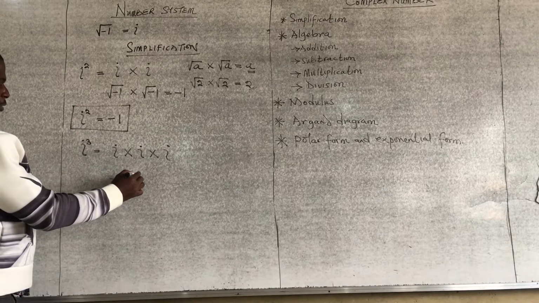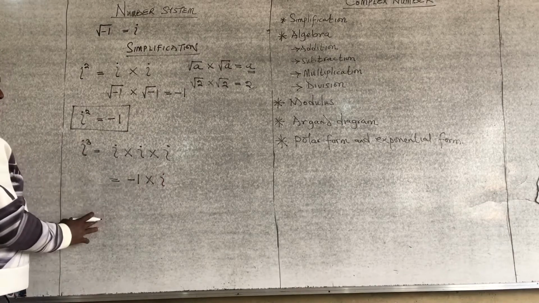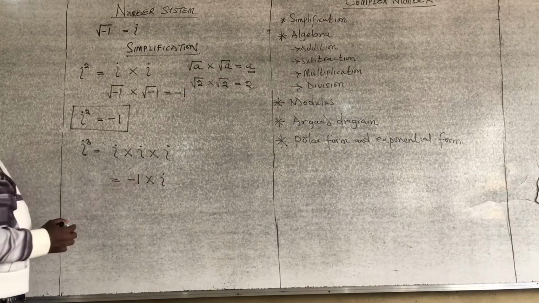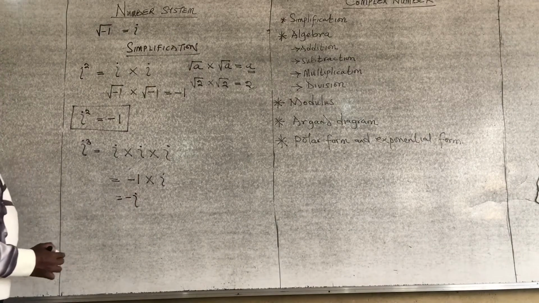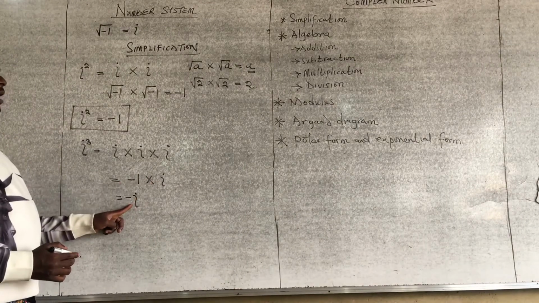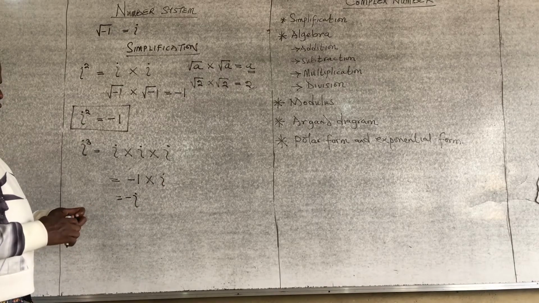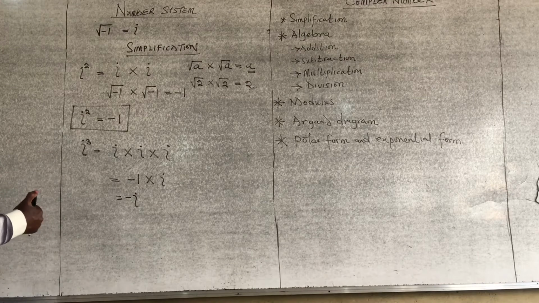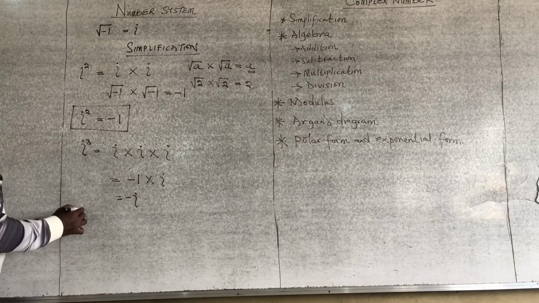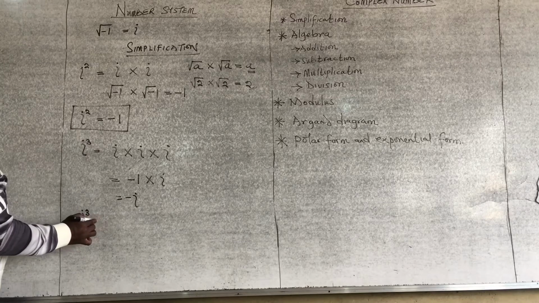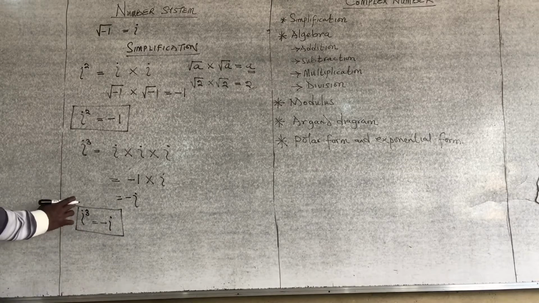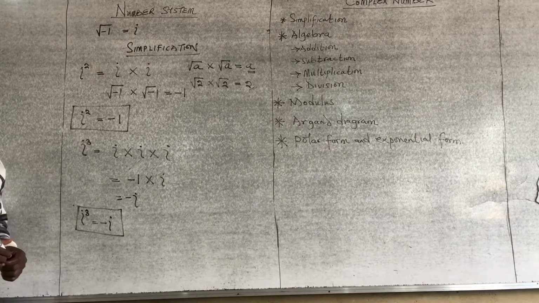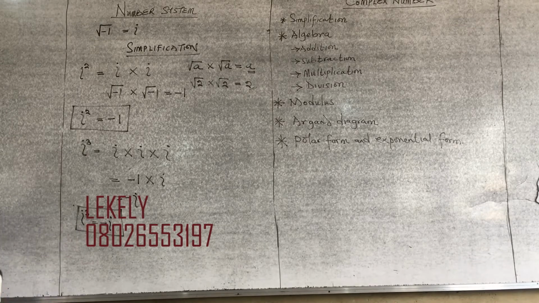So this becomes minus 1 times i, which will give me minus i. So that is to tell you that at every given point, your i cube is always minus i. That's another important key that you need to know. Your i squared is minus 1. Your i cube is minus i.